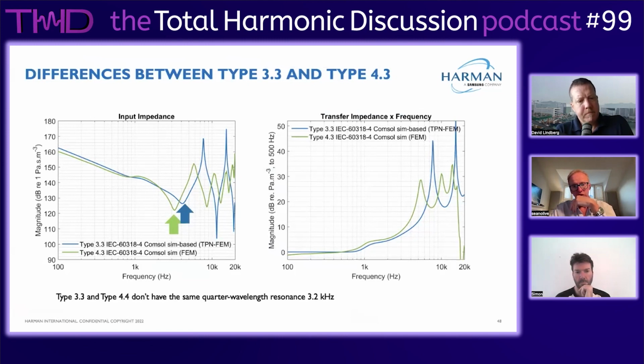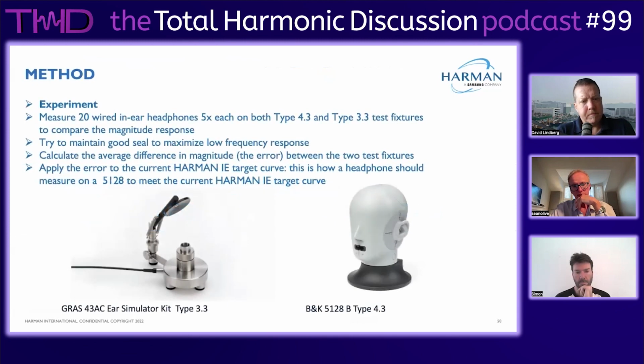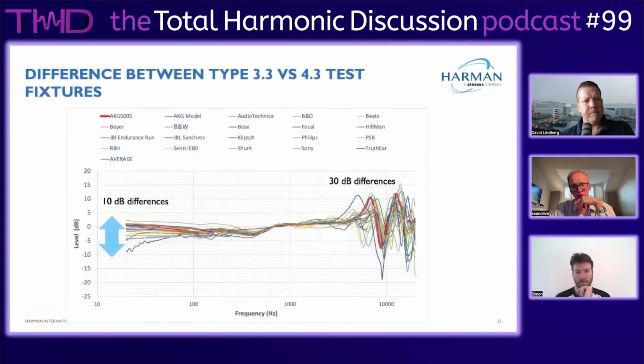If you compare that to, and we actually did this with our 711 coupler, you see differences in the bass as well as the treble. If you take the same in-ear headphone and measure it on a 711, versus a B&K 5128, you'll get much less bass, on average about 2 to 3 dB less bass, and more treble.